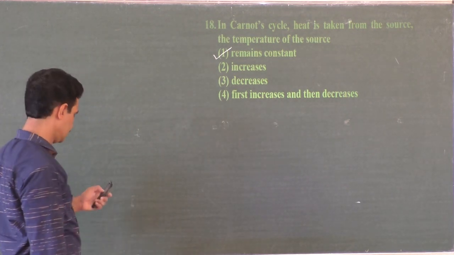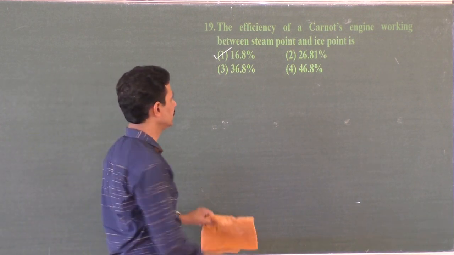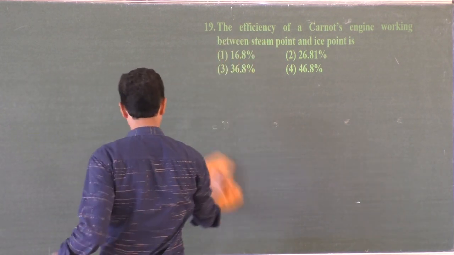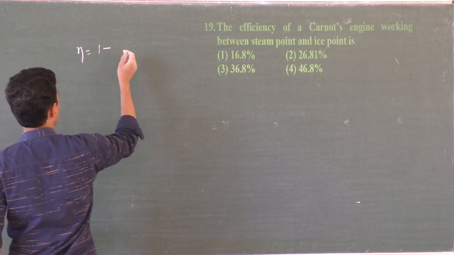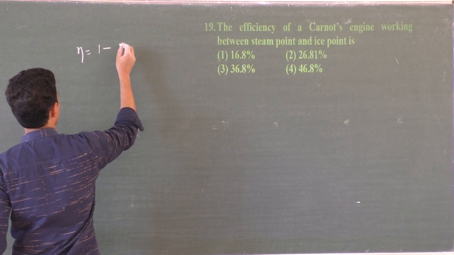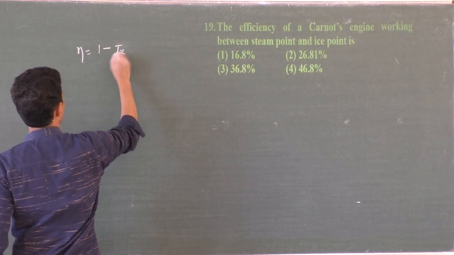Then 19. The efficiency of a Carnot engine working between steam point and ice point. Direct one. Efficiency is 1 minus Q2 by Q1, that is 1 minus T2 by T1.